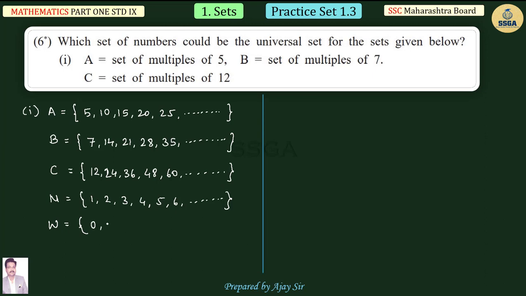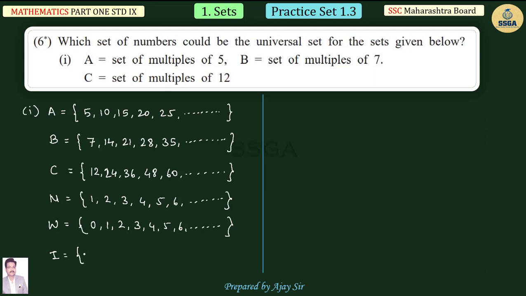So whole number starting from 0, 1, 2, 3, 4, 5, 6 and so on. So this whole number set is also a universal set for sets A, B, C. Similarly, we can use integers also.